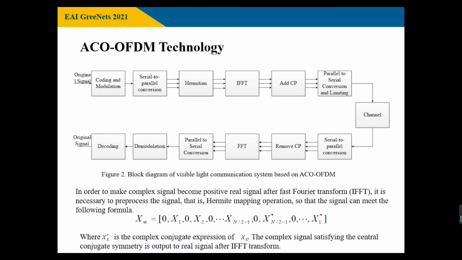Each sub-data stream has a much lower transmission bit rate, and the sub-data streams are used to modulate several mutually orthogonal carriers in parallel.